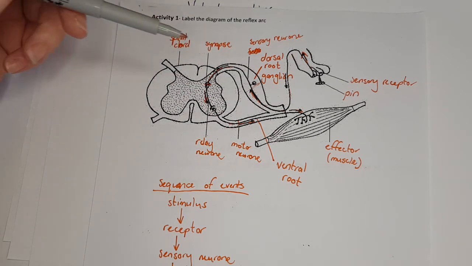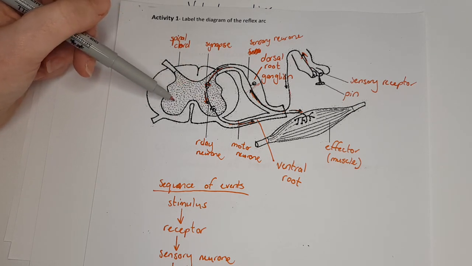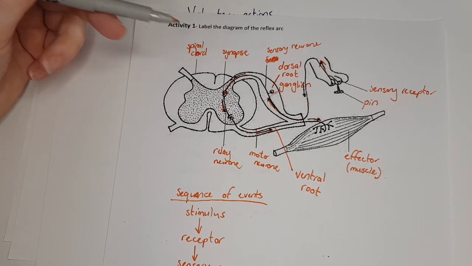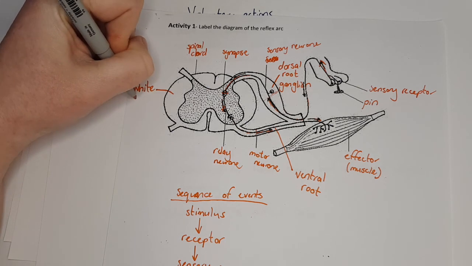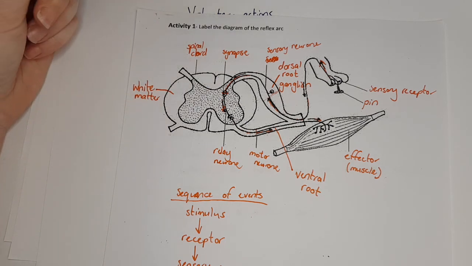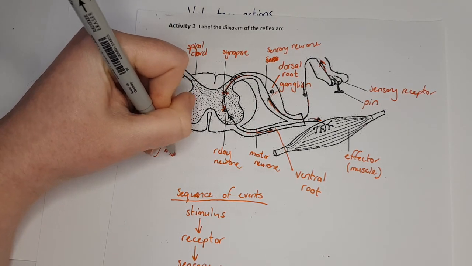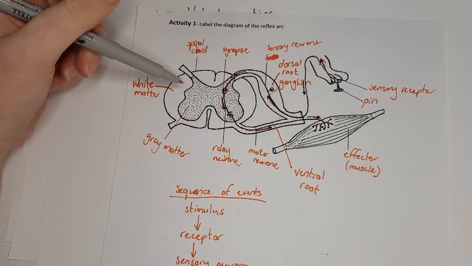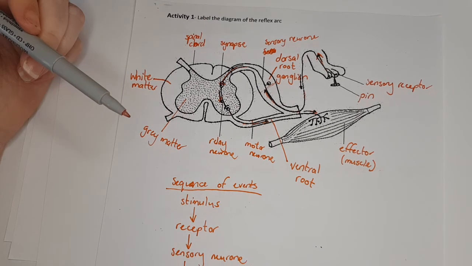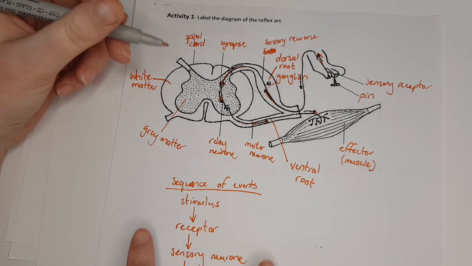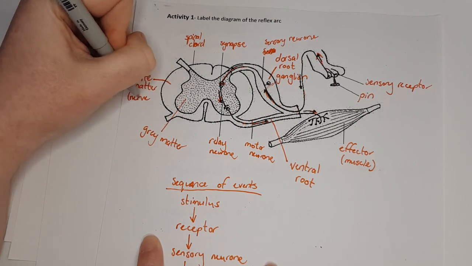Okay, and then in the spinal cord, okay, you can see that on the inside there's an area that's darker than on the outside. The outside part, where there's nothing, we call the white matter. Okay, the inside part we call the gray matter. And that would be the same in your spinal cord as well as in your brain. It consists of white matter and gray matter. Okay, and the white matter is because that is where we have all the nerve fibers.